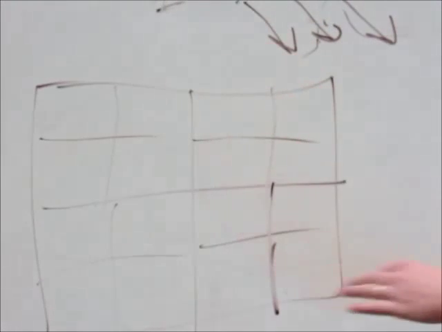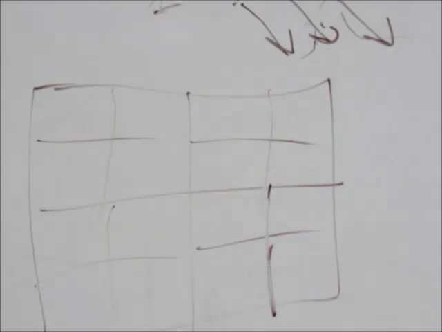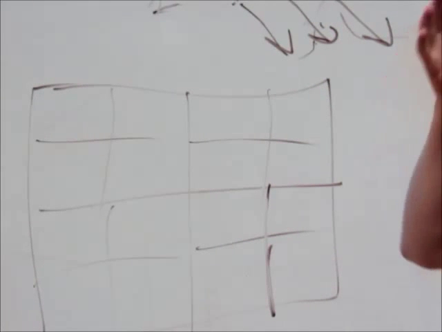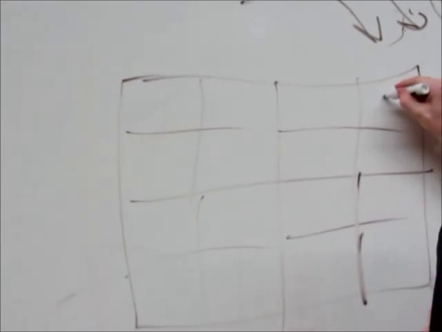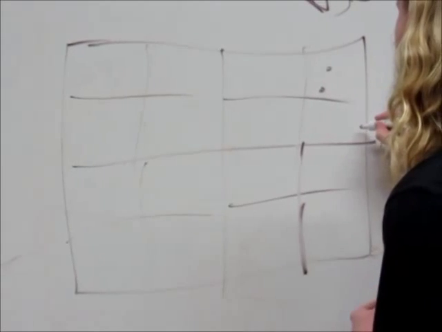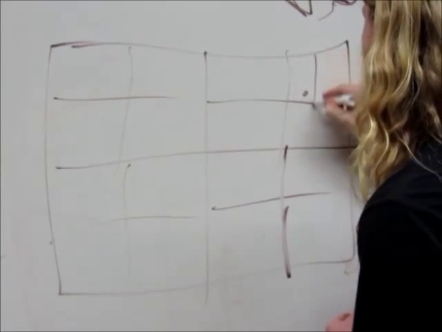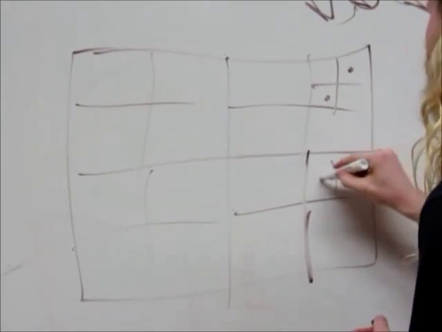So I've got this division of space, with a point here and a point here and something over here.